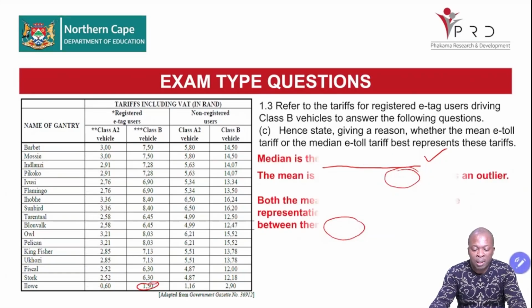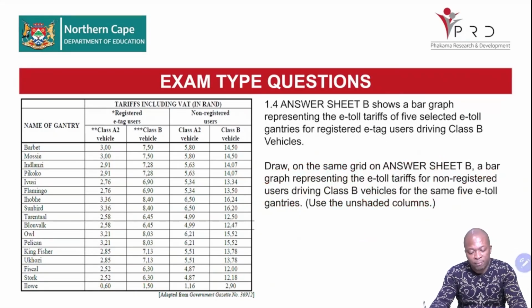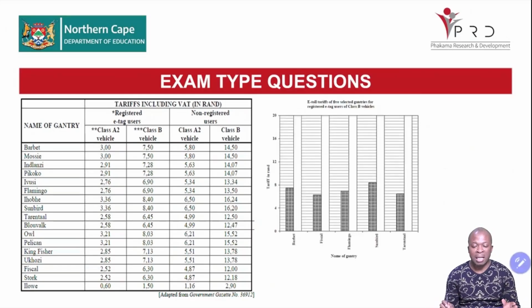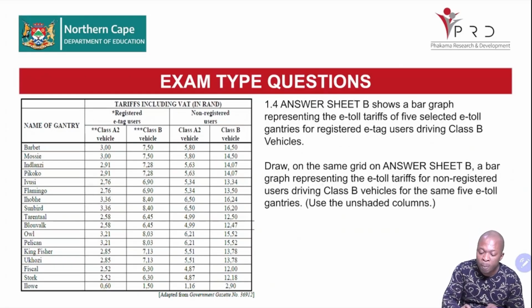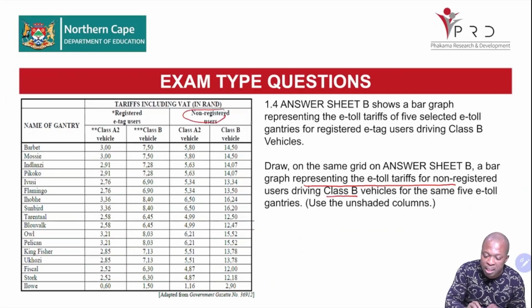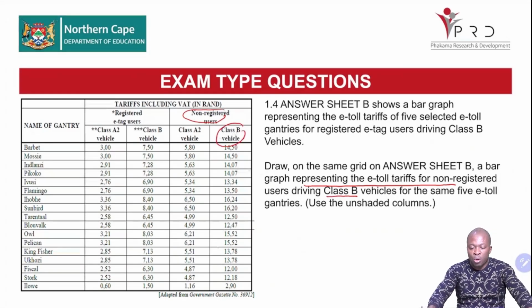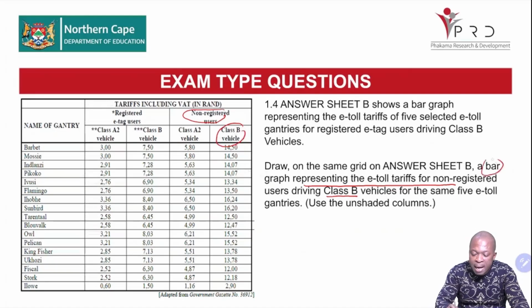All right. Now, let's look at 1.4. Now, I want you to be working. So I've given you an answer sheet attached, and I want you, let's go back. I want you to represent the e-toll tariffs for non-registered users class B. Are we together? Non-registered users class B. These values, I want you to draw a bar graph.